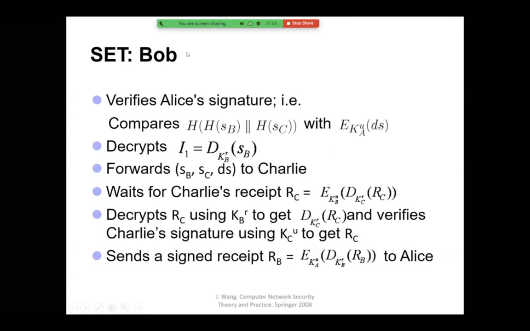Now let's see what Bob does. Bob gets SB, SC, and the dual signature from Alice.